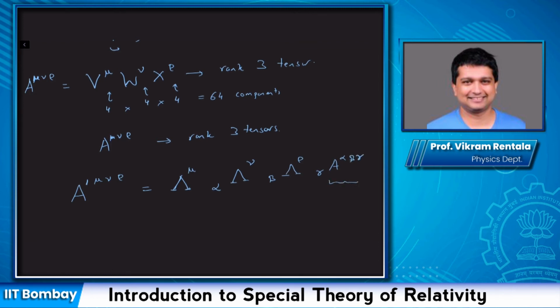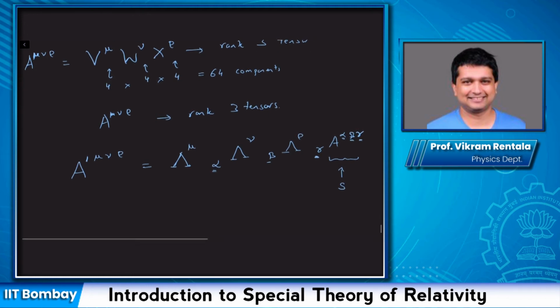So the components A alpha beta gamma are the components of A in the old reference frame S, and there's an implicit summation again over alpha raised and lowered indices, beta raised and lowered indices, and gamma raised and lowered indices. Okay, and this is the transformation law, which is again simple in index notation.